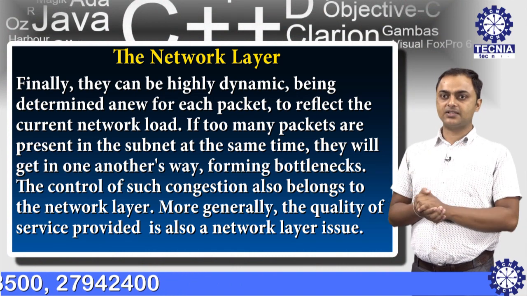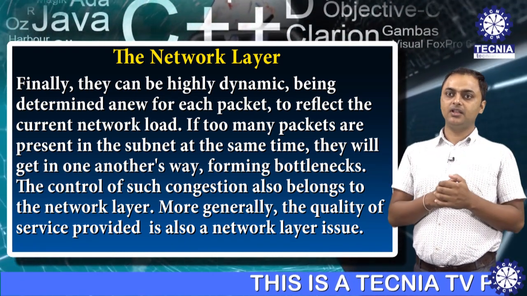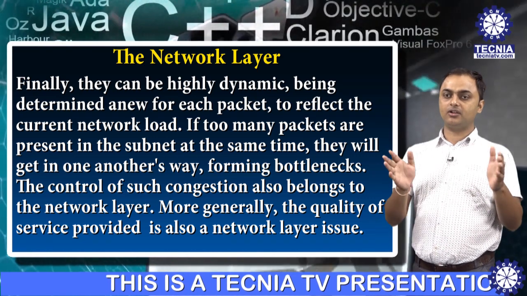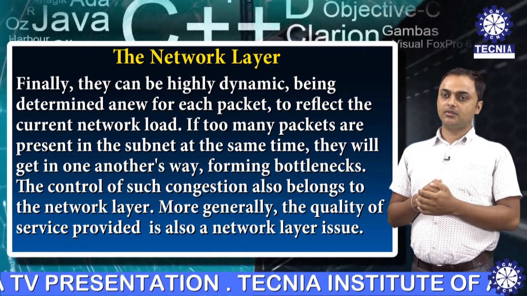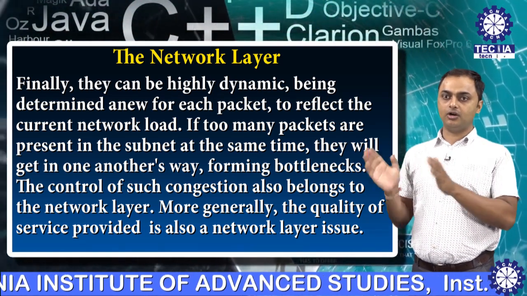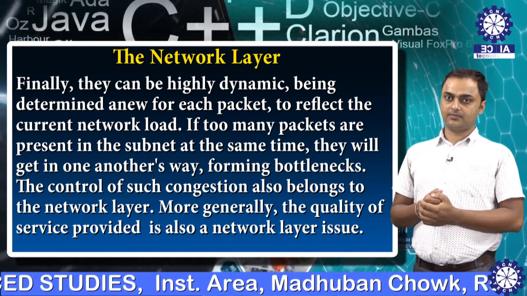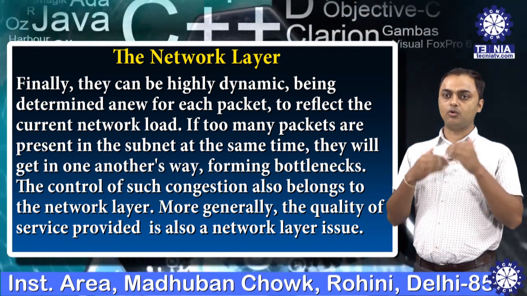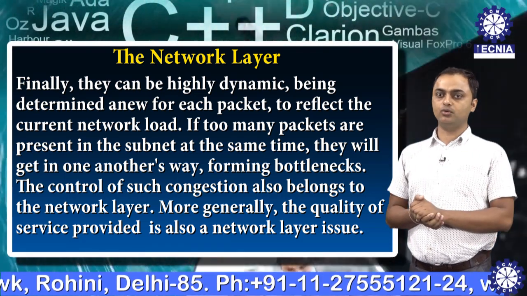If too many packets are present in the subnet at the same time, they will get in one another's way, forming a bottleneck. The control of such congestion also belongs to the network layer. More generally, the quality of service provided is also a network layer issue.